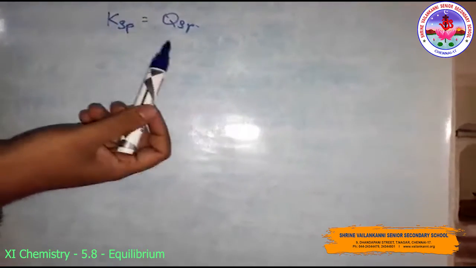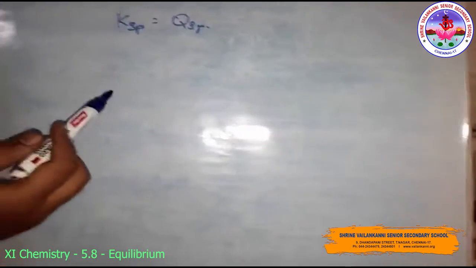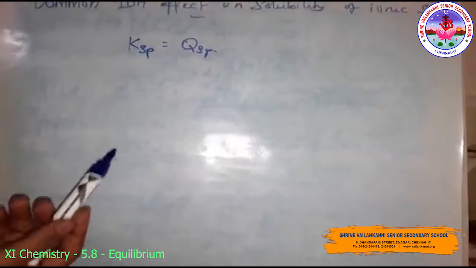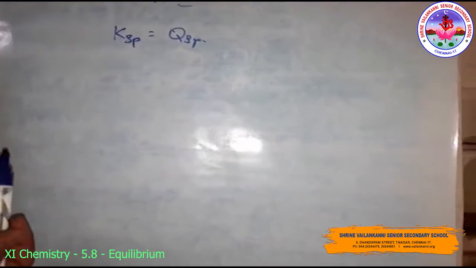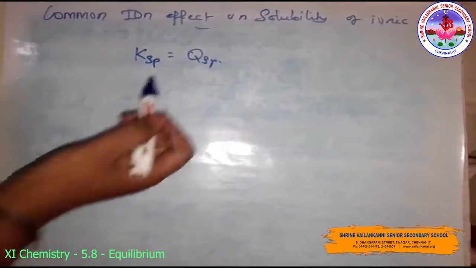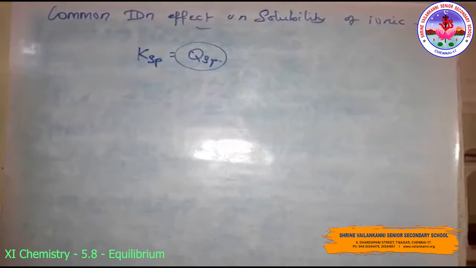So this is applicable even to soluble salts like sodium chloride, except that due to the higher concentration of ions, we use their activities instead of their molarities in the expression of Qsp.